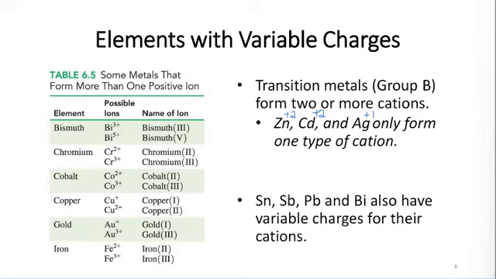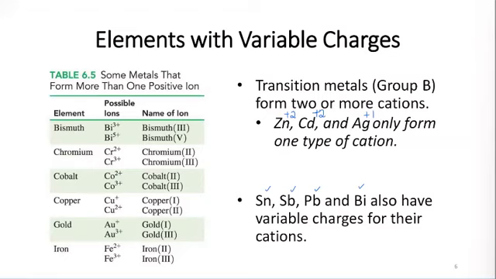There's another exception to the rule. There are some atoms that live in group 4A and 5A in the periodic table, specifically in periods 5 and 6, and you can see them right here. That is tin, antimony, lead, and bismuth. So even though they live in groups 4A and 5A, they also form variable charges.